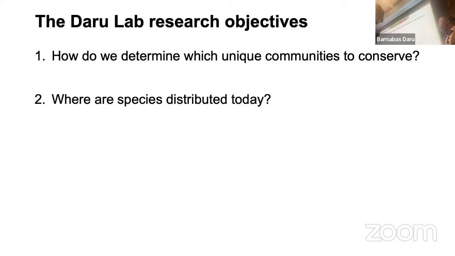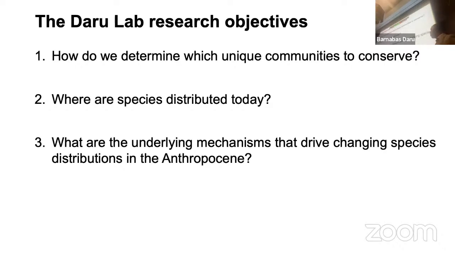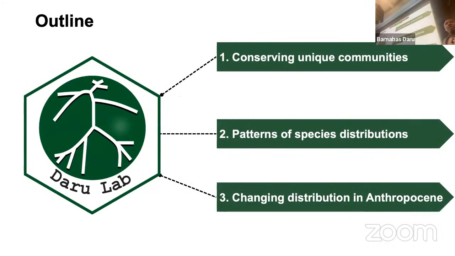And we also want to know where are species distributed today, and what are the underlying mechanisms that drive changing distributions in the Anthropocene. And so I've outlined my talk along this line, starting with the way we seek to conserve unique communities, how to understand patterns of species distributions, and how to determine changing distributions in the Anthropocene.